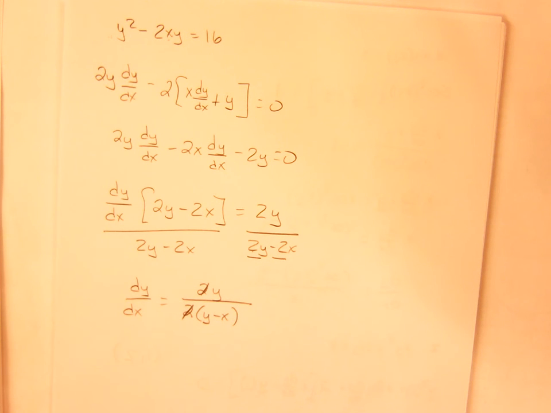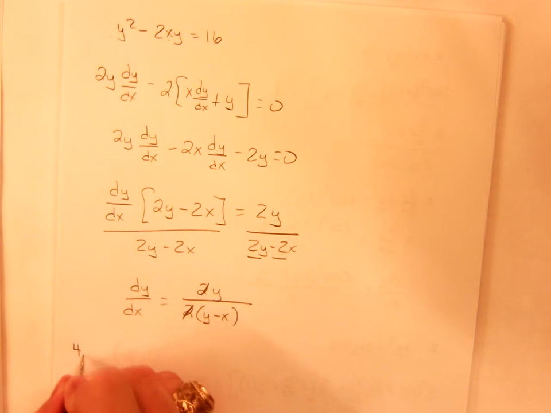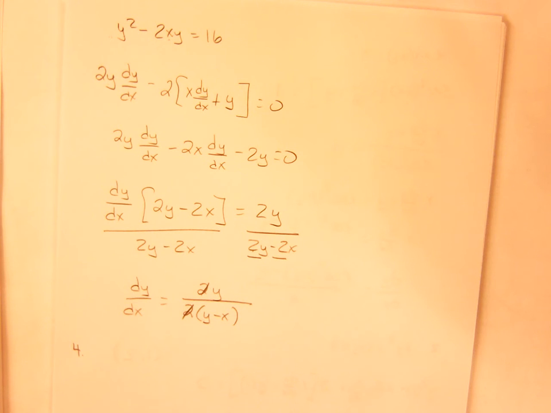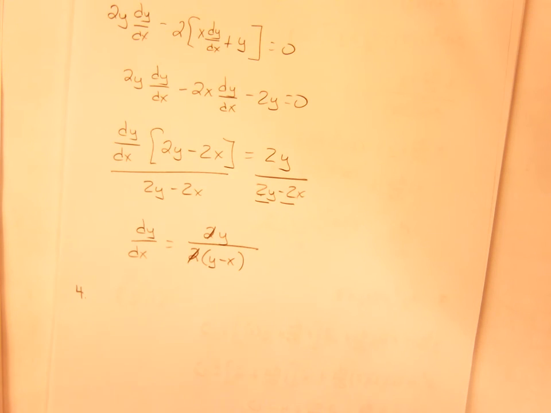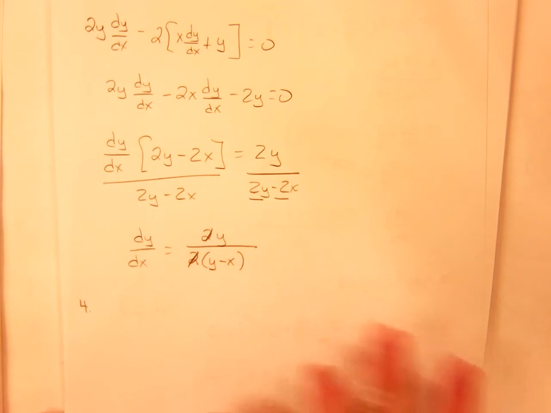All right. Number 4. This is a multiple choice problem, and it's one of our related rates. The radius r of a sphere is increasing at the uniform rate of 0.3 inches per second.